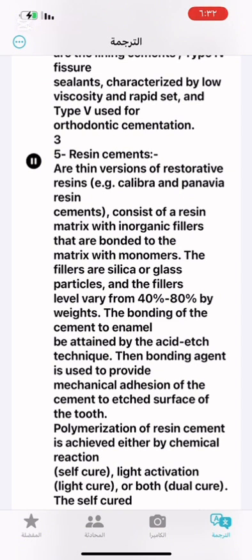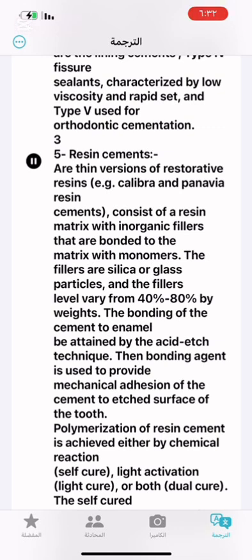Glass ionomer cement bonds to tooth structure chemically by ionic interaction with calcium and or phosphate ions from the surface of the enamel or dentin.